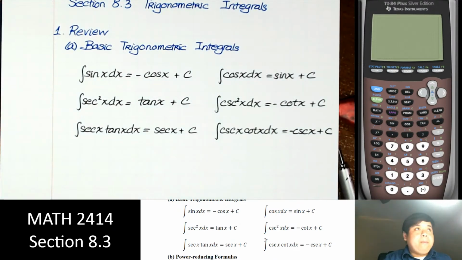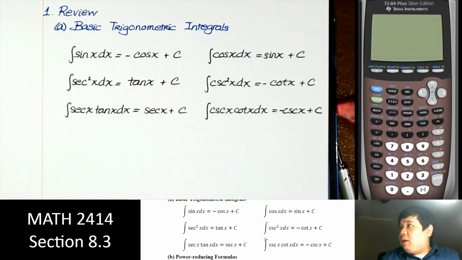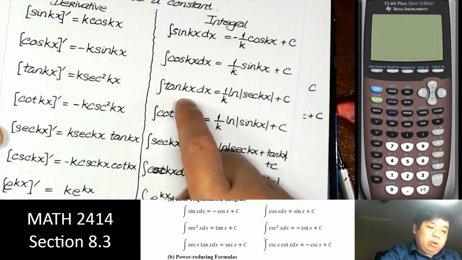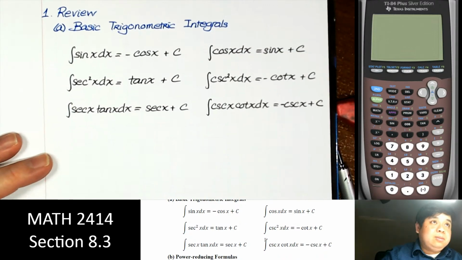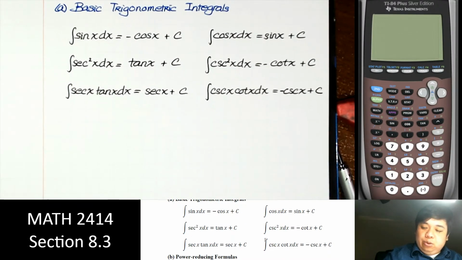Those are the basic ones. What we also have, that I forgot to put on the notes, is the integral of tangent, cotangent, secant, and cosecant. So I'm going to write that here too.